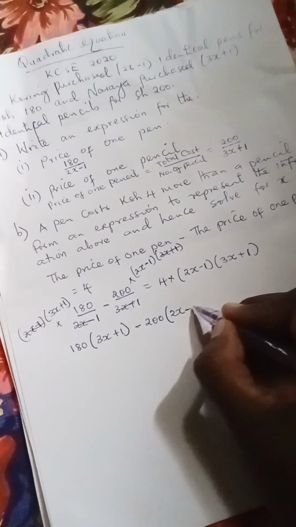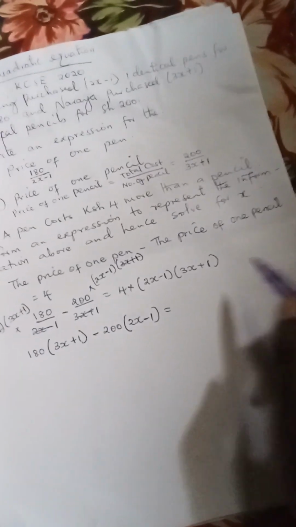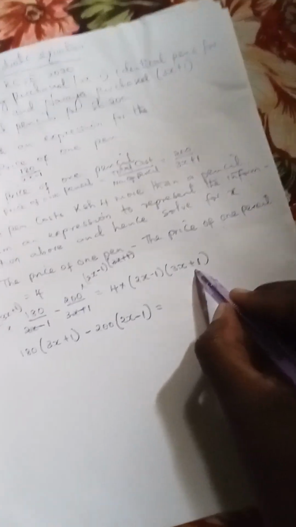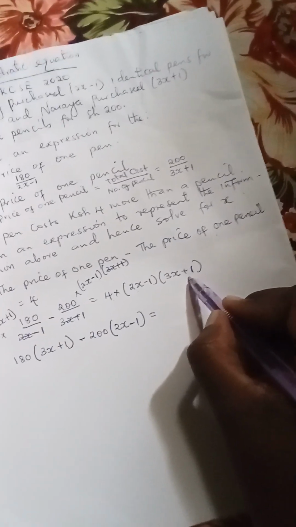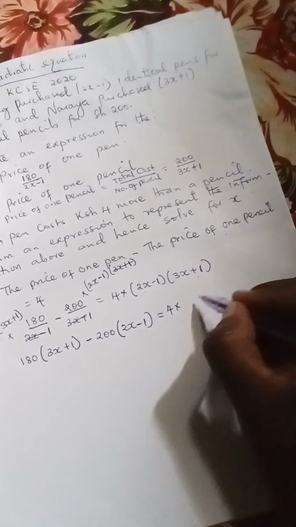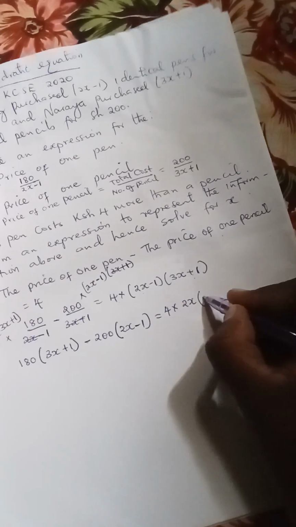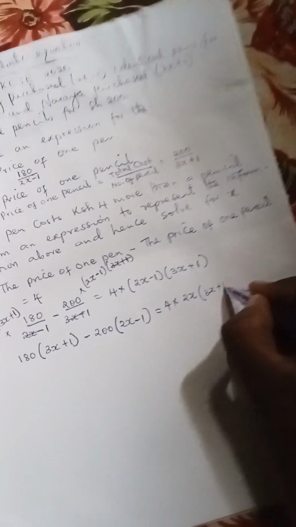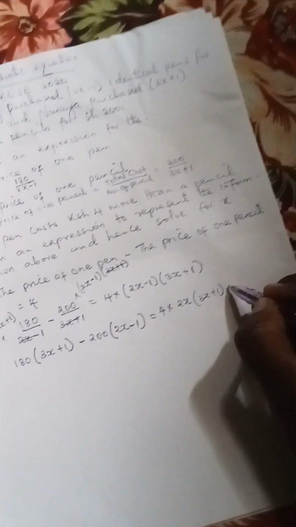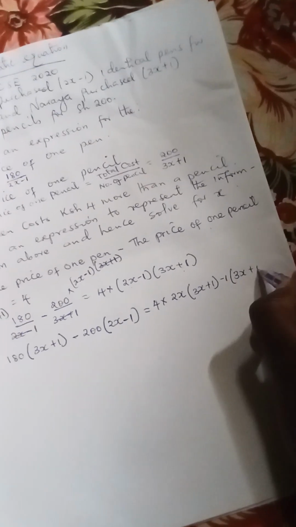minus 1 is equal to, then here we need to expand. That will give us 4 times 2x into this bracket 3x plus 1, then minus 1 3x plus 1.